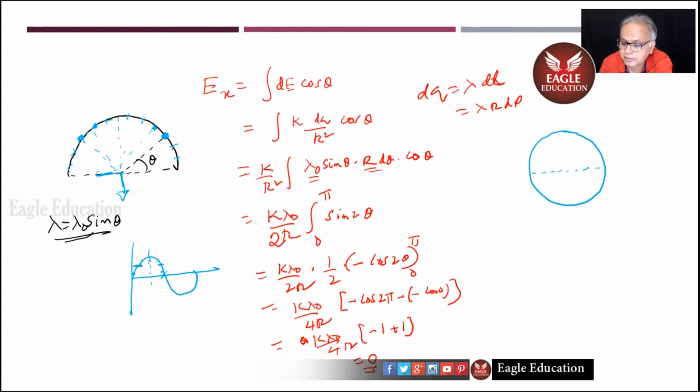Now, if the ring had a uniform charge, what would be the E at center, children? 0, sir. But now remember this theta, lambda here is not constant, lambda 0 sine theta. Find E at O.